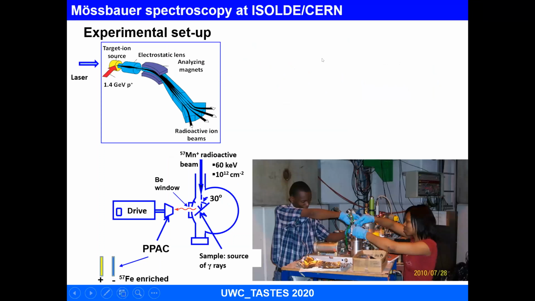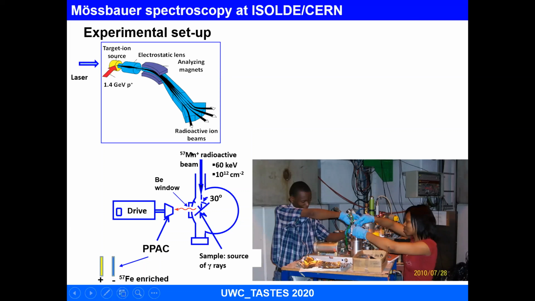I'm sorry, I've gone already to the next slide. At CERN, the experimental arrangement is slightly different. The beam comes in. If you're doing manganese, oops, I seem to have missed a slide. I'll get back to that.